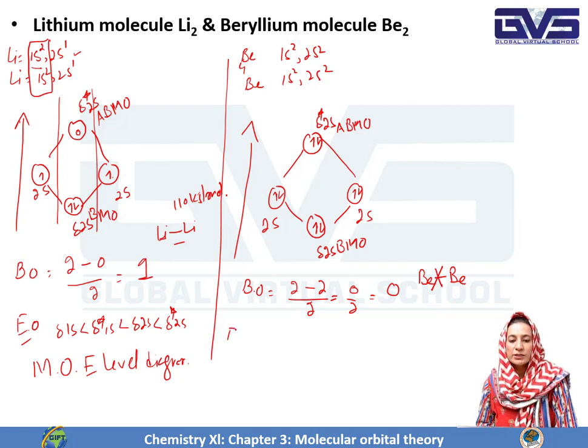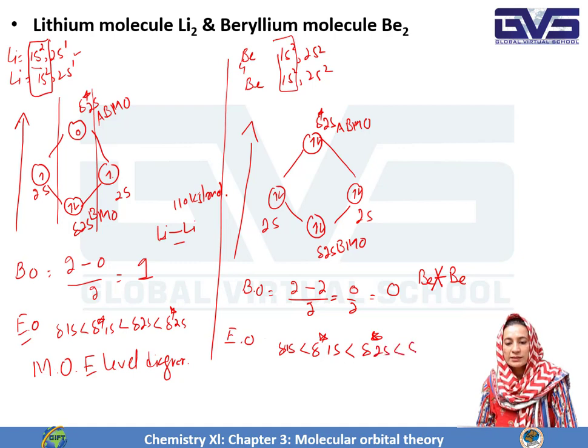Its energy order will be the same as this: sigma 1s less than sigma star 1s, less than sigma 2s less than sigma star 2s.